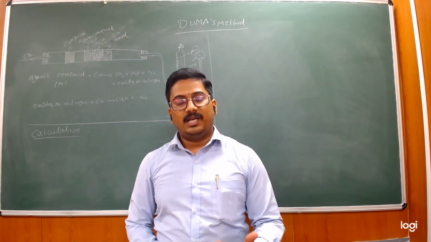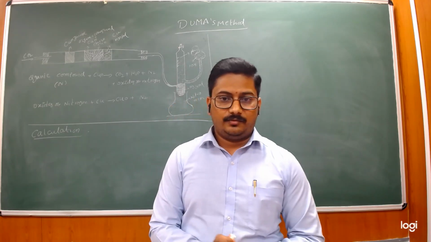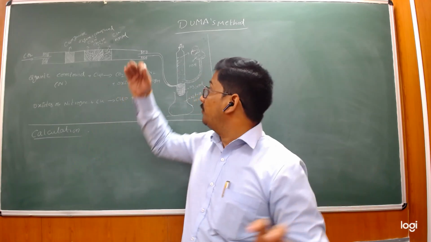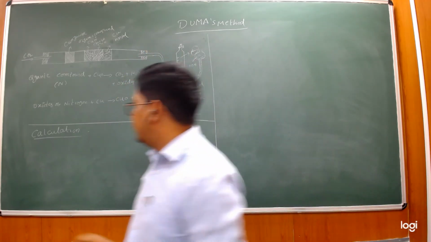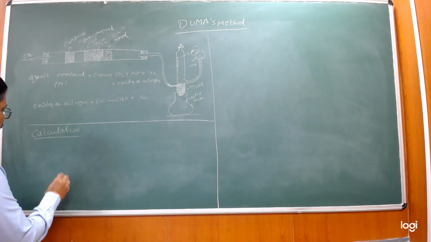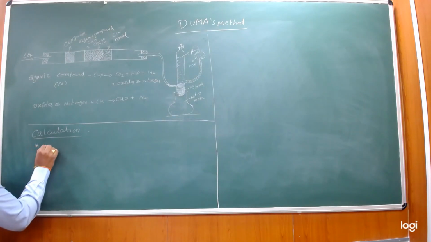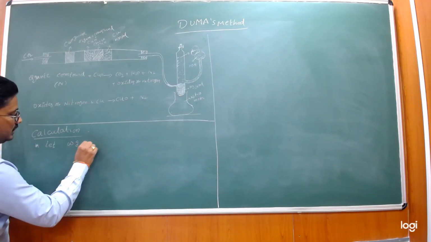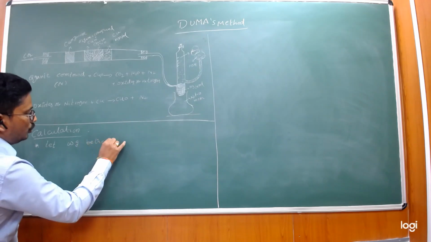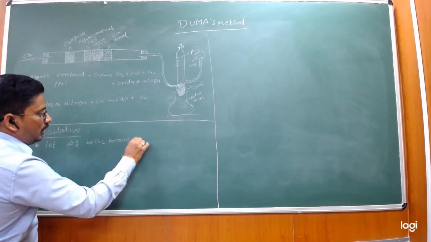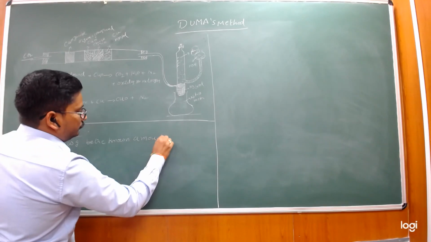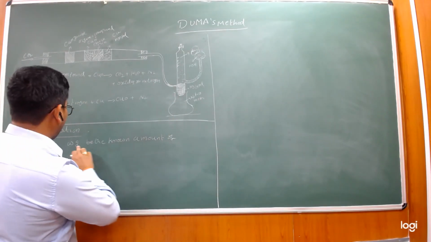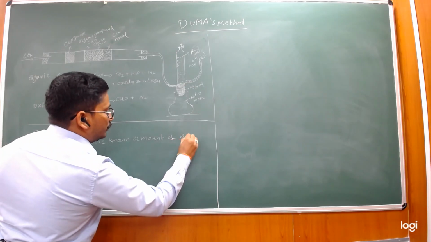That's why we have to take the two conditions. STP is standard temperature and pressure, and the given conditions come from the experiment. So let's take these two conditions. Before going to that, you should remember: let W grams be the known amount of the organic compound.